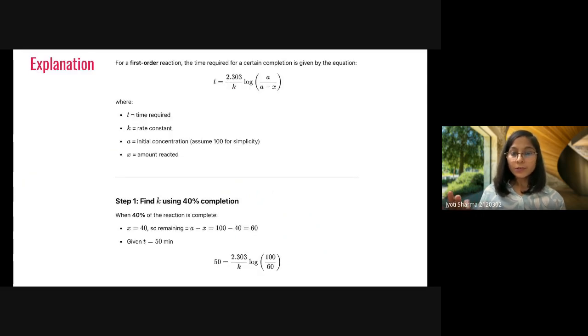From the first order reaction formula, if we change the e value, K is equal to 2.303 upon T log of A upon A minus X. Here A minus X is the initial concentration minus the amount reacted, so this is the remaining amount, just like C, and A is nothing but C naught. This is just the changed form of your integrated first order reaction equation.